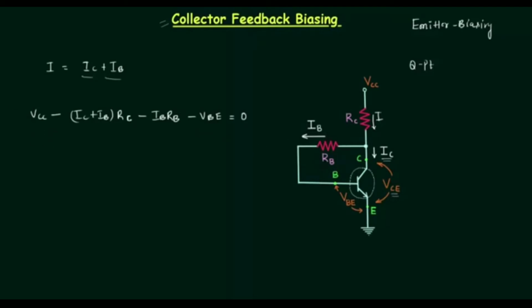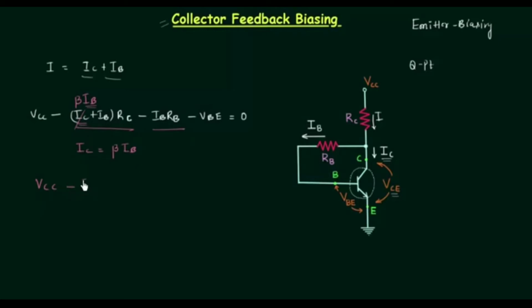We already know the collector current IC is equal to beta times IB. So we can write collector current IC equal to beta times IB. I will take IB common from this and this term. So let's see what we have.